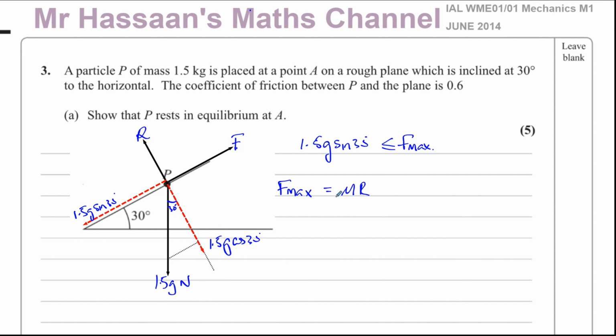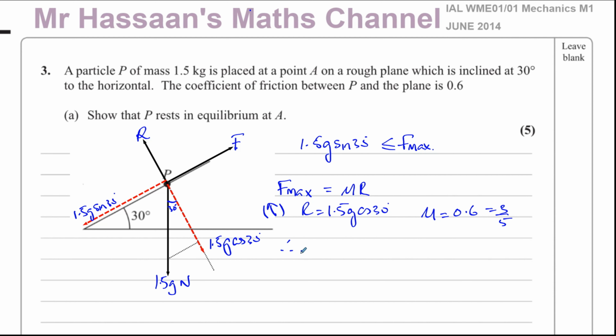So now we've got to work out the magnitude of the reaction force, which in this case is pretty simple. If we resolve the forces perpendicular to the plane, which we've already done, we have R is equal to 1.5 g times cosine of 30. And we know that mu is equal to 0.6, which I'll write as 6 over 10, which is 3/5.